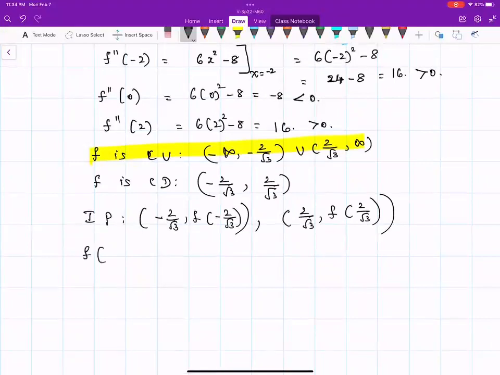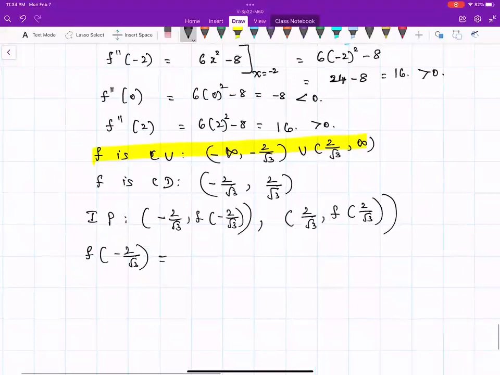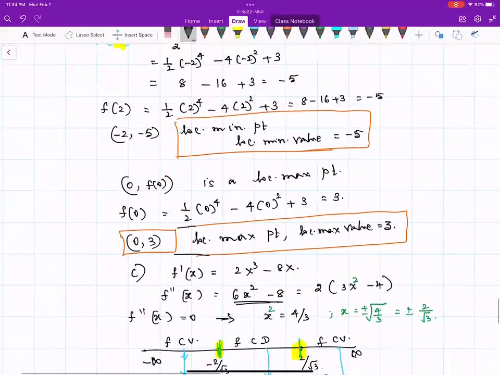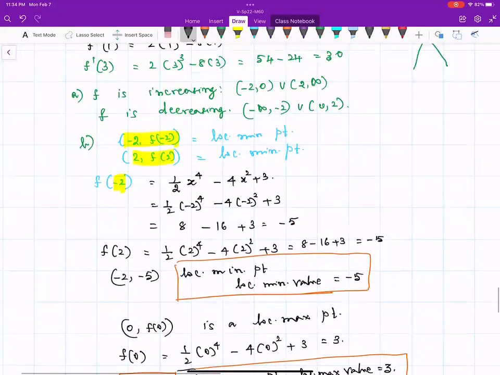So what is f of negative 2 over radical 3? You have to go to the original function and substitute. What is our original function?